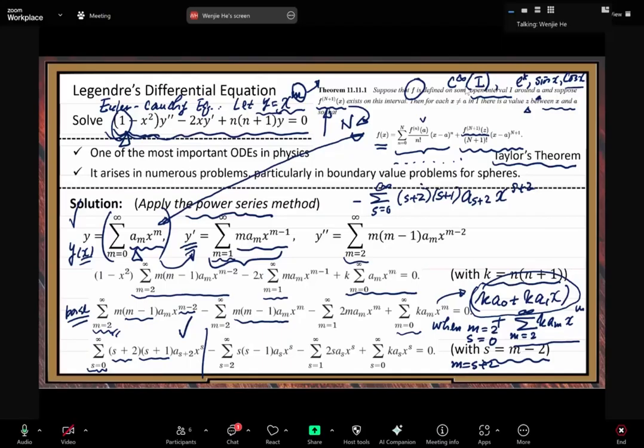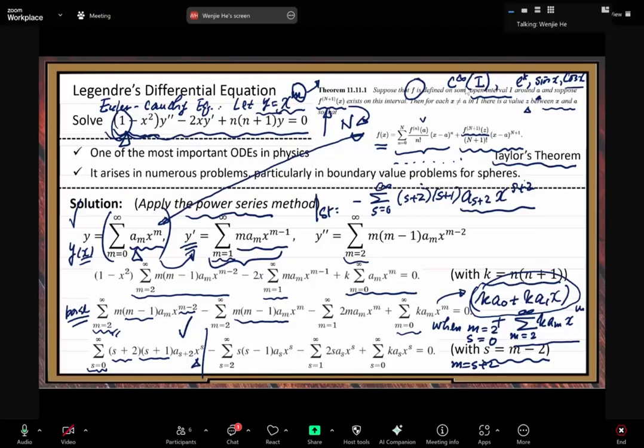Can you imagine the second substitution? After the first direct substitution, we get that one. Now, the general term here is x to the s plus 2, but the other general term is x to the s.